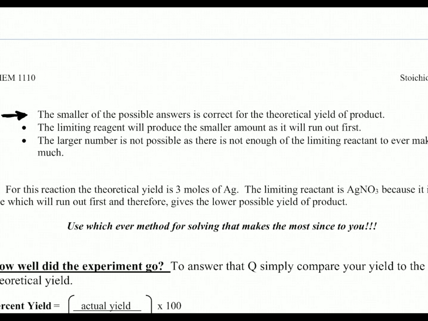And we call that the theoretical yield because it's the mass yield you should get. The limiting reactant is the one that produces that smaller answer. So the reactant that predicted the smaller amount of product is the limiting reactant. And the larger number is basically just fiction. It's not possible. You're never going to make that much because there's not enough of the other reactant present to do so.